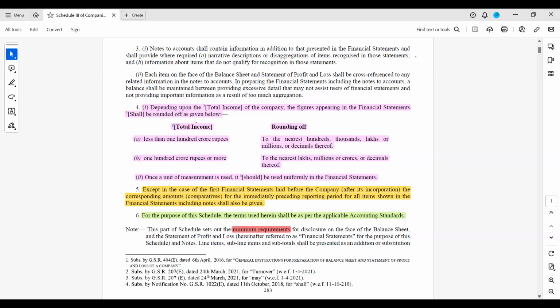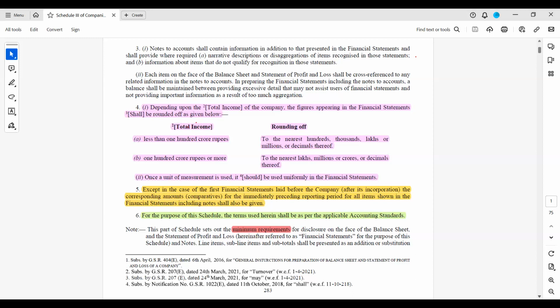Fine. Next point is, except in the case of the first financial statements laid before the company after its incorporation, the corresponding amounts, comparatives for the immediately preceding reporting period for all items shown in the financial statements, including notes, shall also be given.